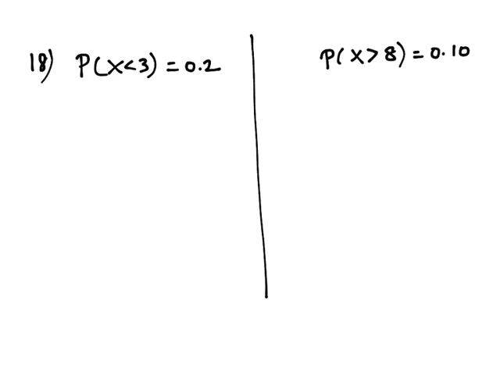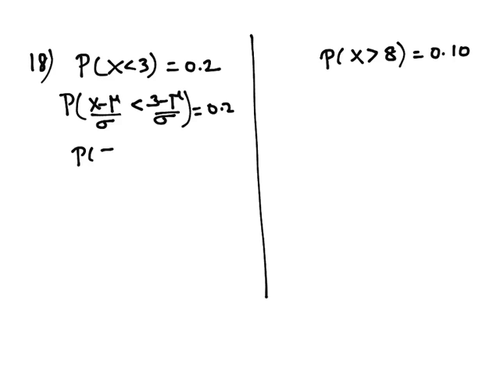So you need to find the value of mu and sigma. So what you do is you convert this into Z. So P of (X minus mu) by sigma less than (3 minus mu) by sigma equal to 0.2.